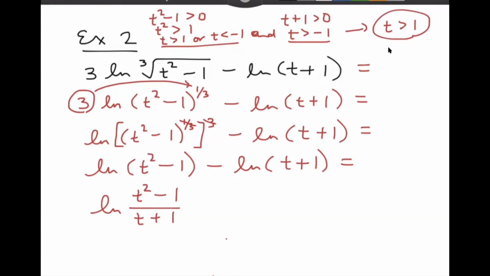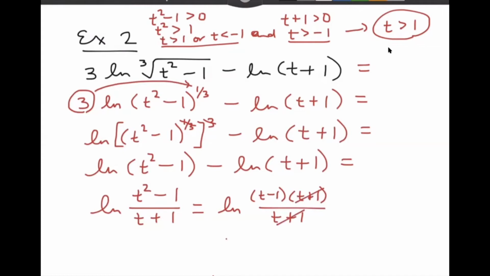And the reason I mention that, and again, this may not even come up in the homework, I'm just being overly cautious. You may have noticed that you can simplify that t squared minus 1 over t plus 1, because of course t squared minus 1 is t minus 1 times t plus 1. All right, so now I can get rid of my t plus 1s.